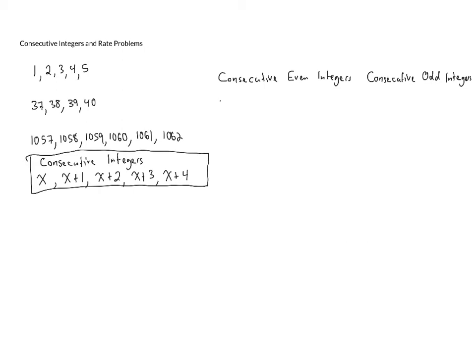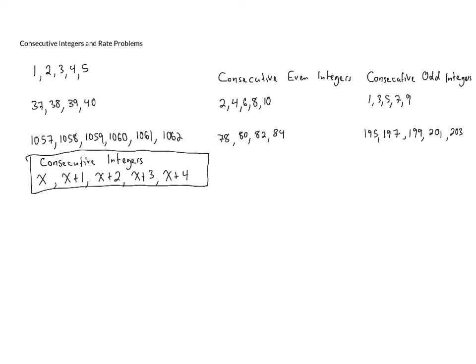Consecutive even integers are even integers that come in a row. 2, 4, 6, 8, 10, 78, 80, 82, 84, etc. Consecutive odd integers are odd numbers that come in a row, like 1, 3, 5, 7, 9, or 195, 197, 199, 201, 203, etc.